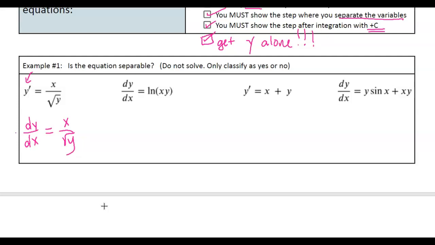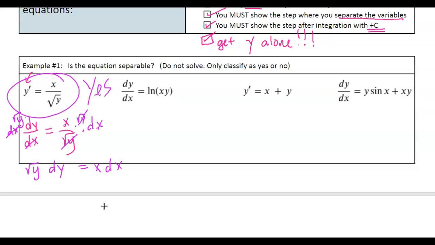So I say, well, what if I multiply both sides by dx? That's legally allowed because I'm multiplying. And what if I multiply both sides by root y? Well, then I would get root y times dy and x times that dx. And so, yeah, I got them separated. So, yes.